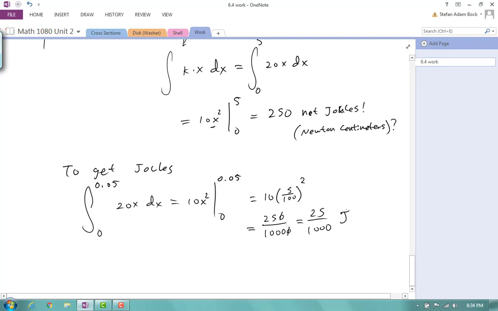If I take a small spring and I stretch it by a little bit, I probably won't get full units. So if you find yourself doing the WebAssign and it seems like you're doing everything right, but it keeps telling you have the wrong answer, check the units of the problem, because it's always good to be mindful of the units to make sure that you are getting what you're expecting to get.